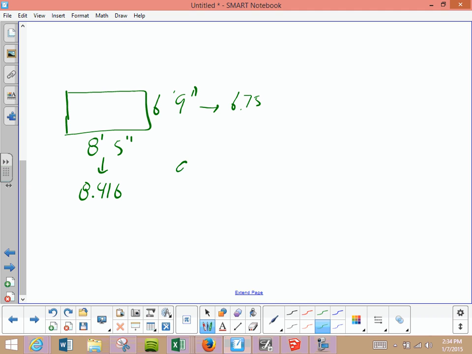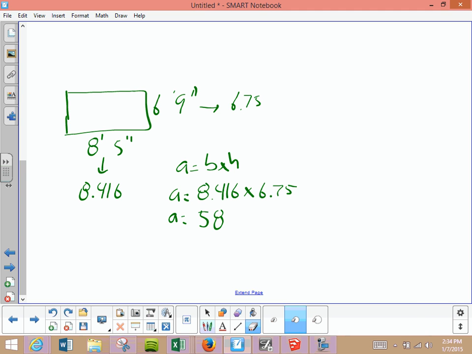So when you use the formula, area equals base times height, you end up with 8.416 times 6.75. What did you get, Taylor? 56.76, 56.77.